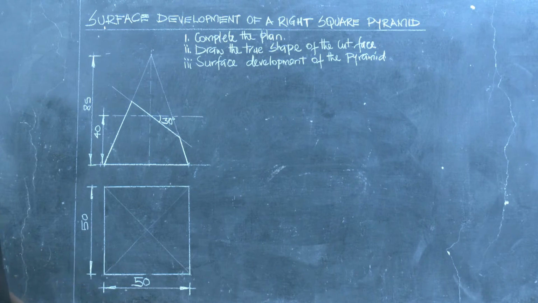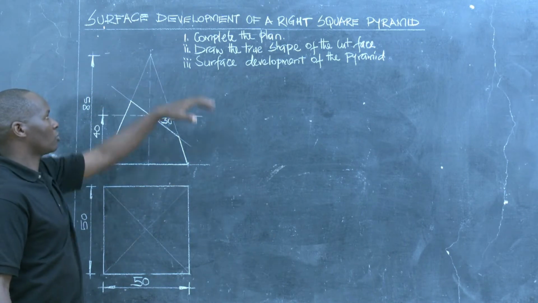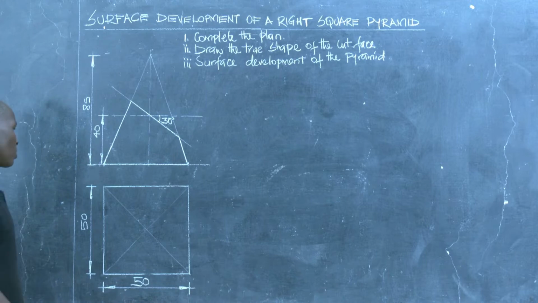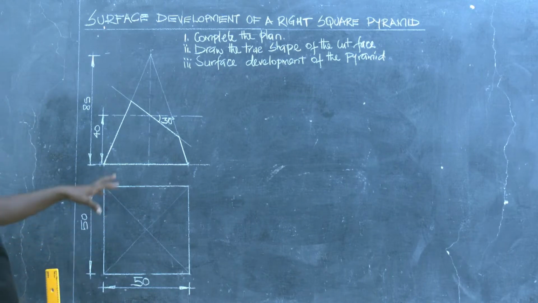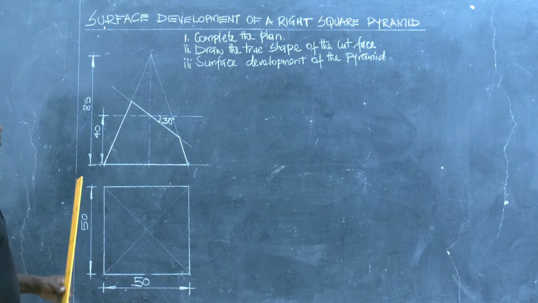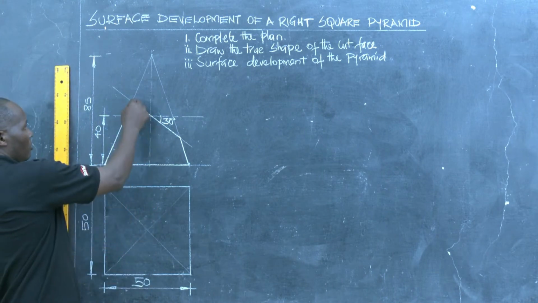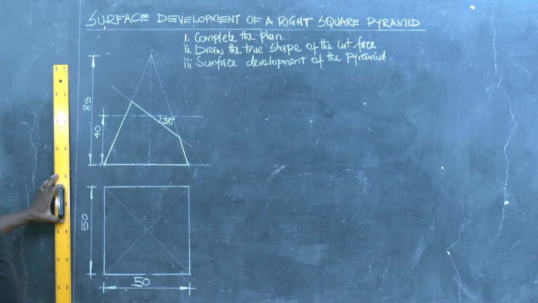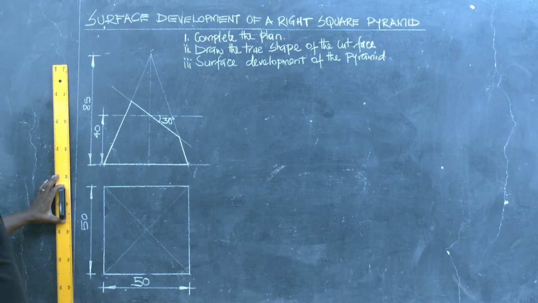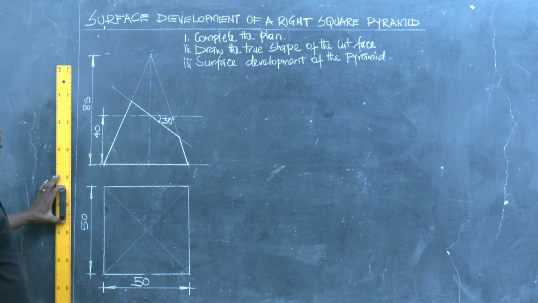So for us to address the first part, to complete the plan, we will draw vertical lines referencing points that have been cut, where the cutting plane cuts the pyramid.